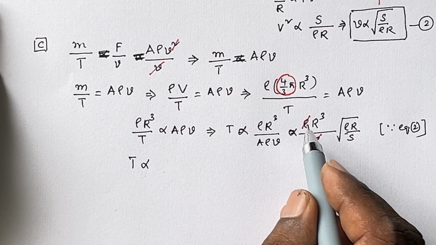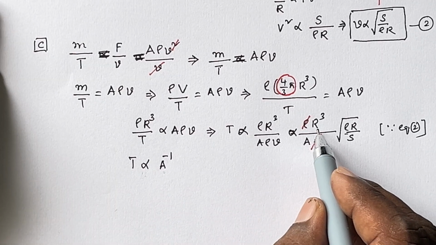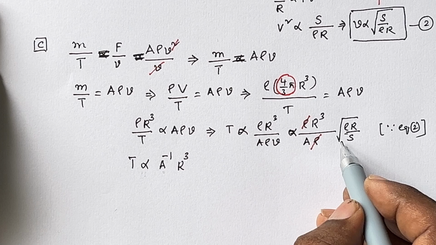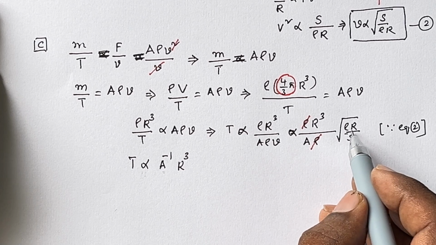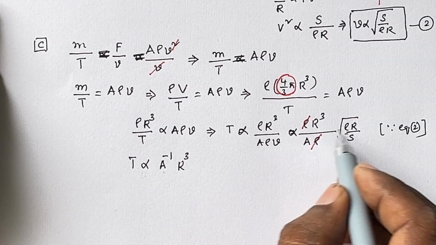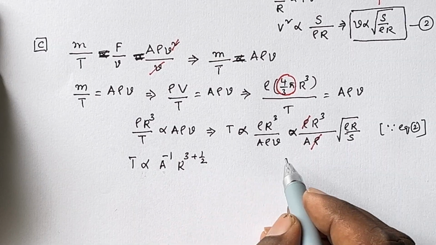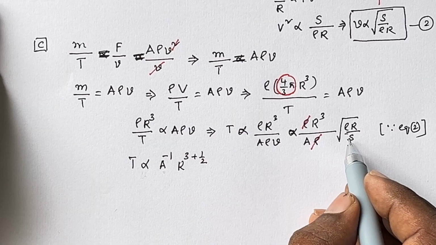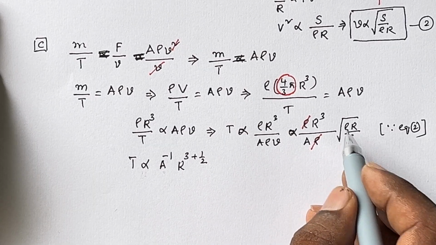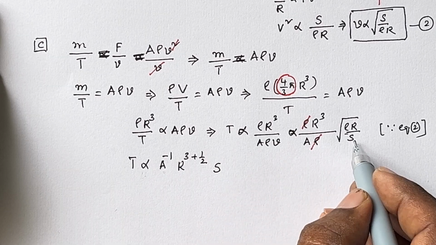A is there, so it comes upside numerator, A power minus 1. R cube is there, but in the root also R is there. Root R means R power half. So when bases are equal, we have to add the powers. Plus, so R value is 7 by 2. Then here S is there, S power minus half.